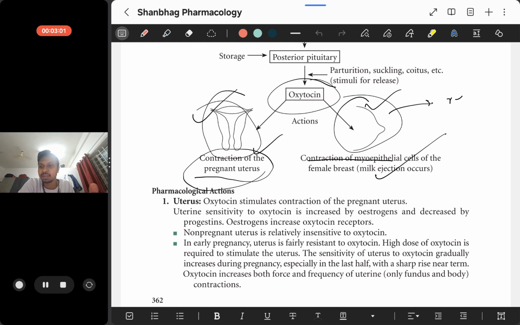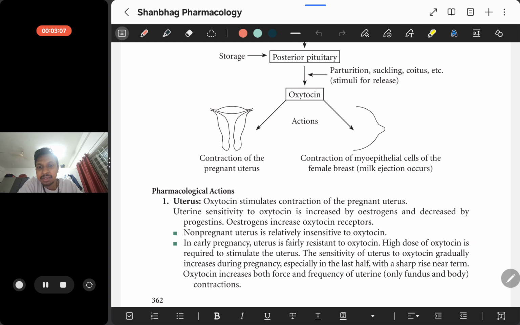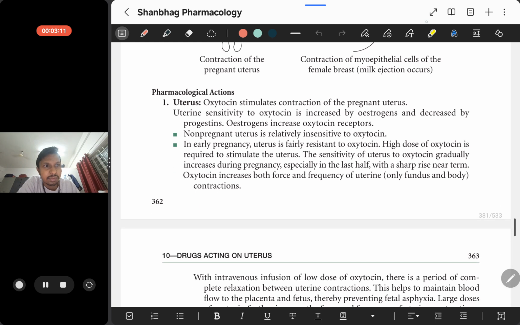Let us see the pharmacological actions of oxytocin. Chalo, on the uterus, oxytocin stimulates contraction of the pregnant uterus. Uterus is highly sensitive to oxytocin. Oxytocin action is basically increased by the estrogens.